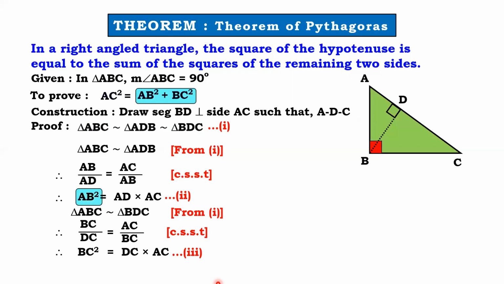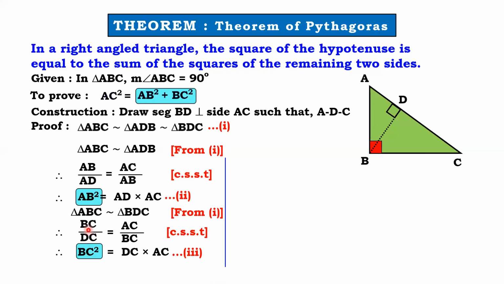Now students, I want you all to look at the right hand side of the proof. Look at the left hand side of equation 2 and the left hand side of equation 3. Now you come to know that the left hand sides of equation 2 and equation 3 must be added.